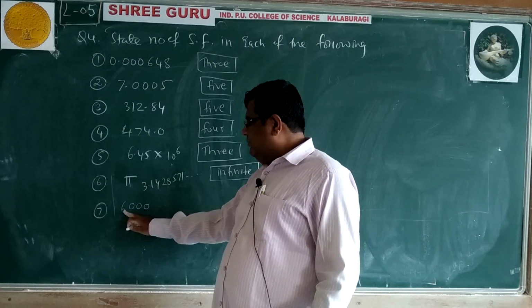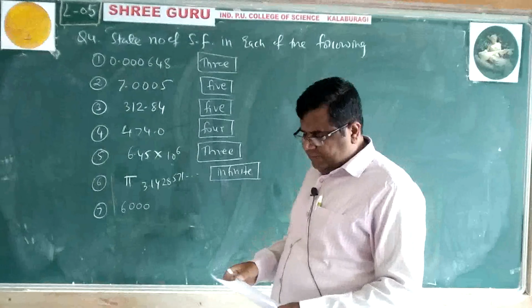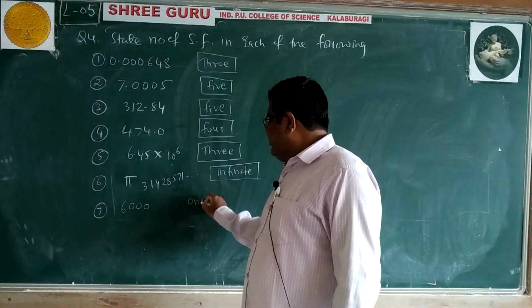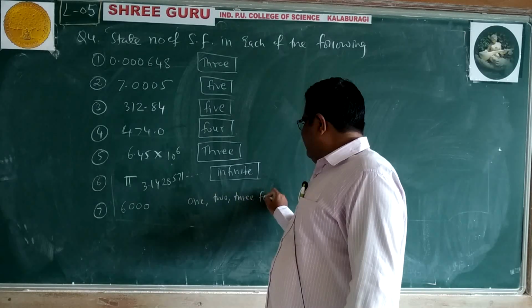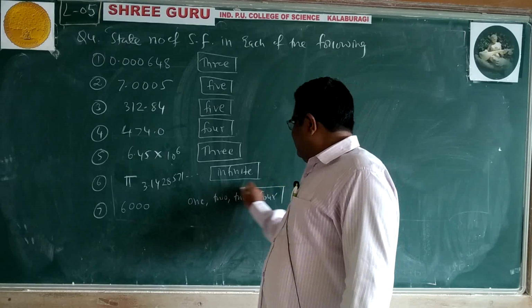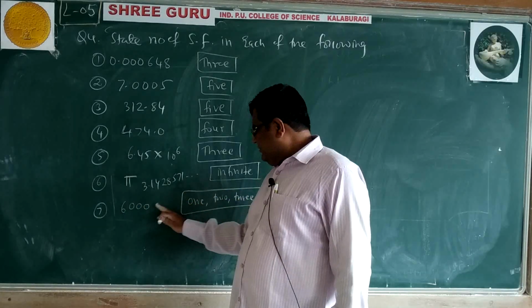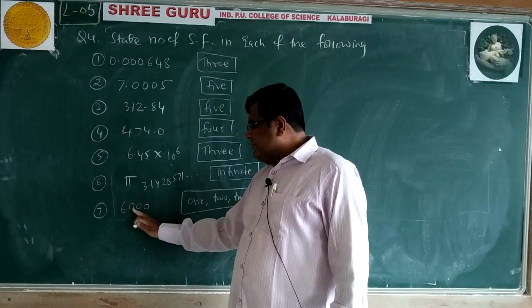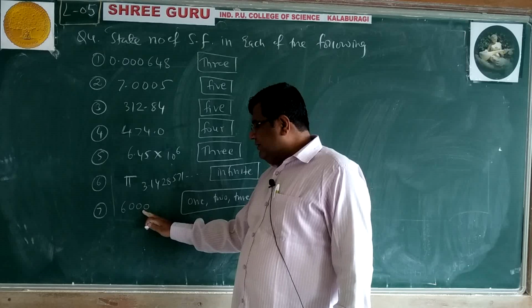And this one, it may have 1, 2, 3 or 4. The zeros may be significant or they may not be significant. It may have 1 if it is 6 into 10 raised to plus 3. 2, 6.0 into 10 raised to plus 3. 3, 6.00 into 10 raised to plus 3.